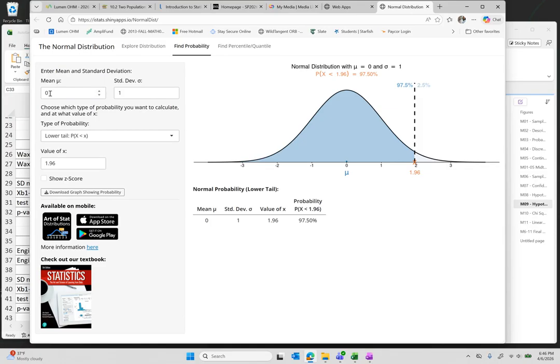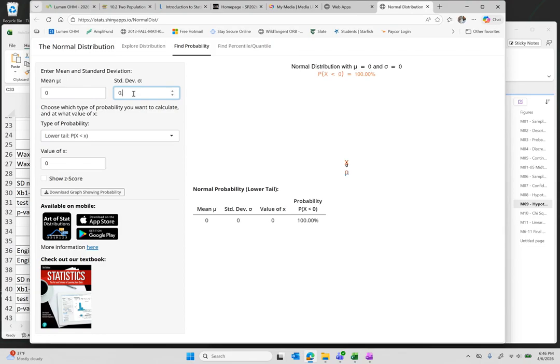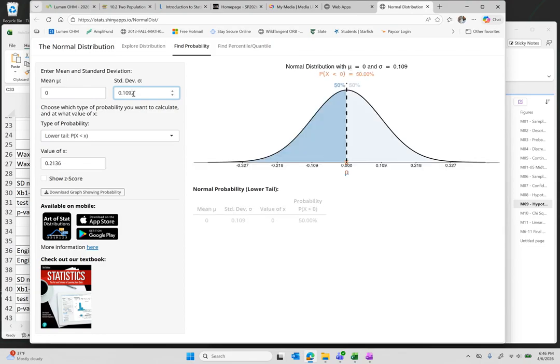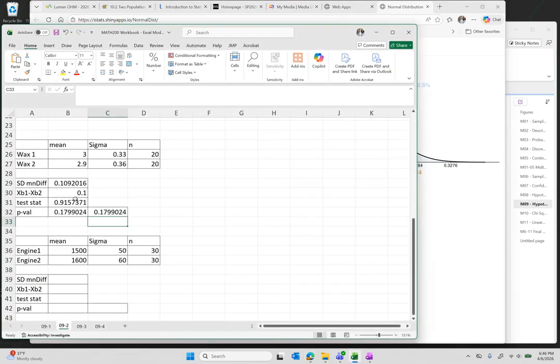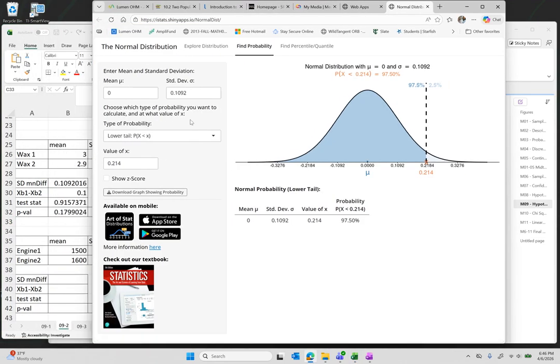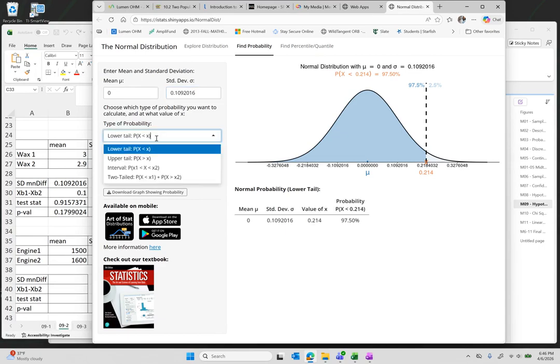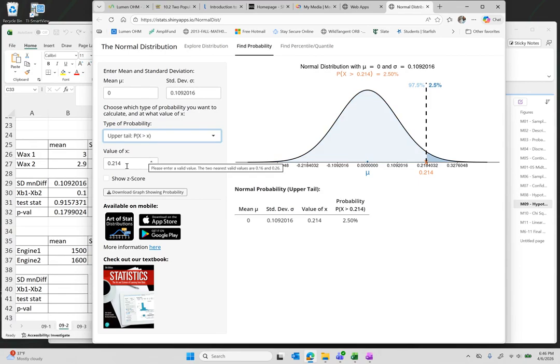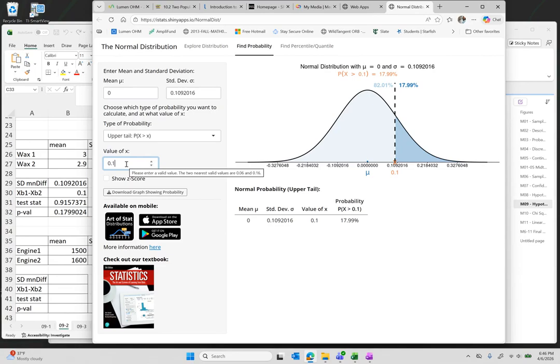So we found that the mean will be 0 and that the standard deviation will be 0.1092. Let's remind ourselves. 0.16. Okay, let me make this smaller so that I can see my numbers there. All right, 0.16. And then we wanted a right tail probability to the right of 0.1.